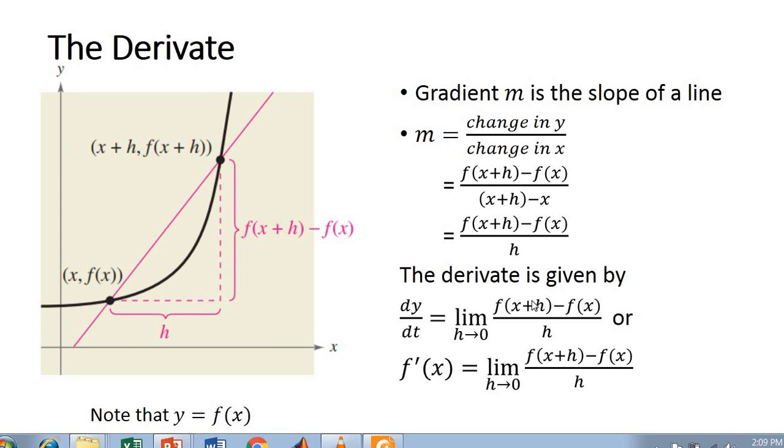This can also be represented by f prime, meaning that the first derivative f prime of x is the limit of f of x plus h minus f of x over h, as h approaches 0. Take note, these are the two most common notations of the derivative.